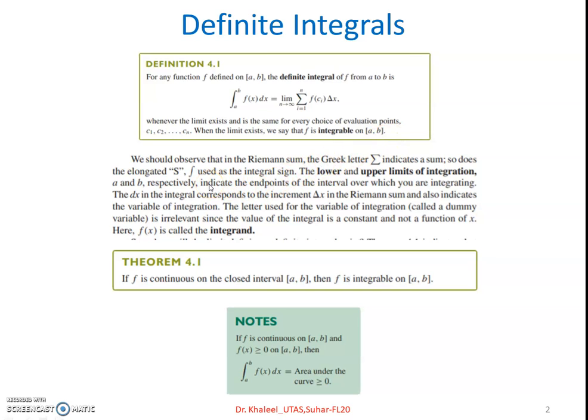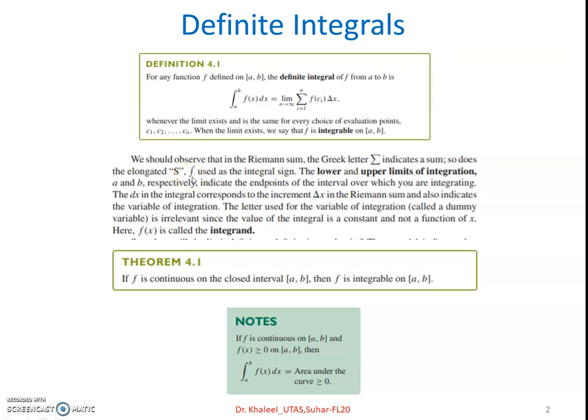We have to remember that in this Riemann sum, the Greek letter sigma indicates a sum. The same thing is indicated by the integration sign, which is an elongation. That means you extend the capital S and it becomes this sign.